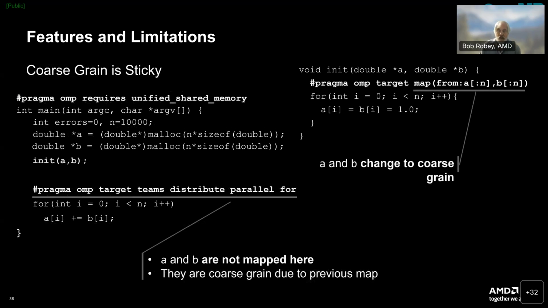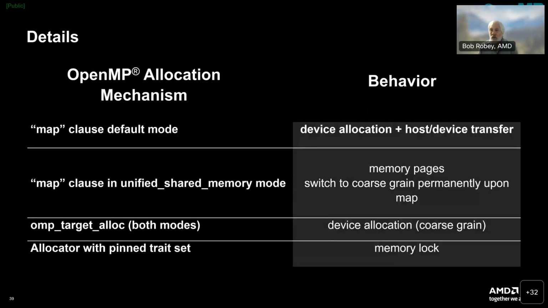So if we have a subroutine call where, in this case, we've inserted an init call, A and B change to coarse grain, and it's still sticky, it's still coarse grain. So whether you do that in a subroutine call or within the same functional scope, it doesn't matter. Here's a table showing the different behaviors that we get with the map clause.